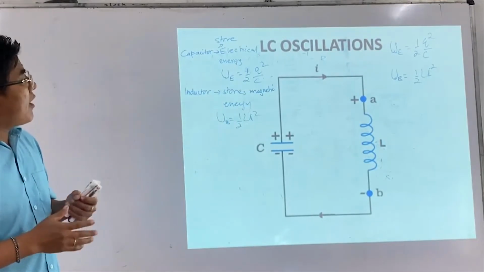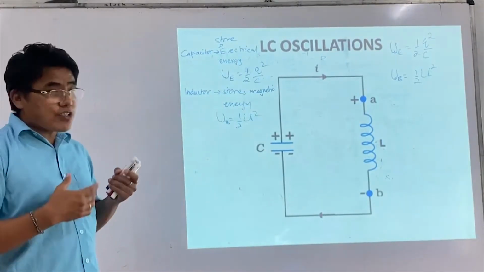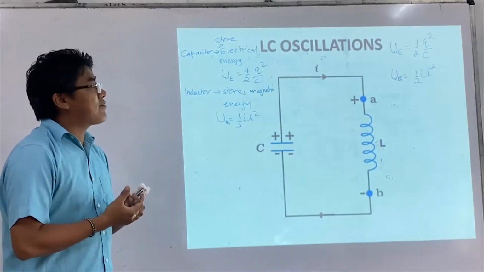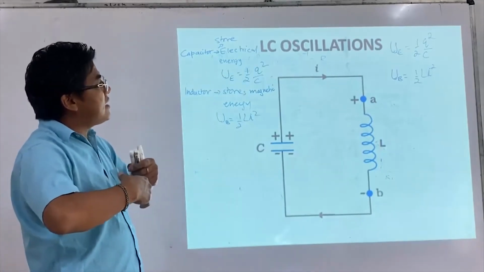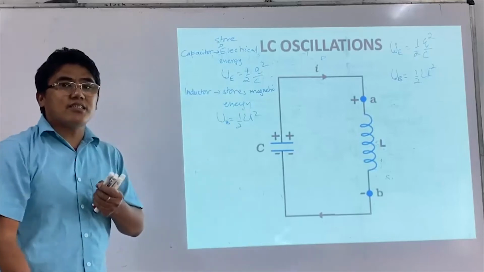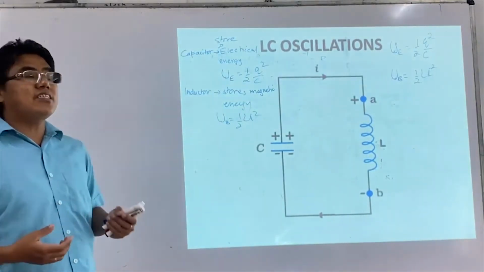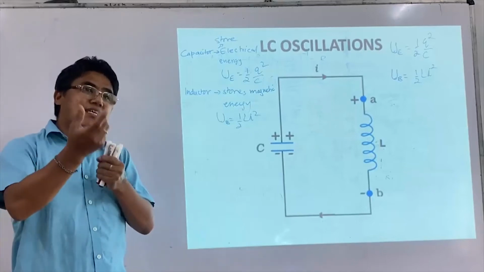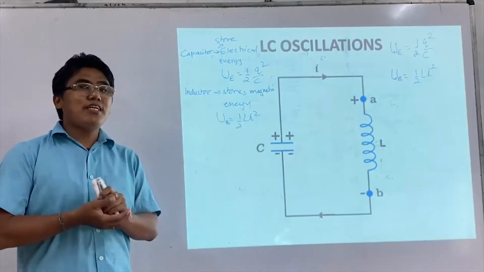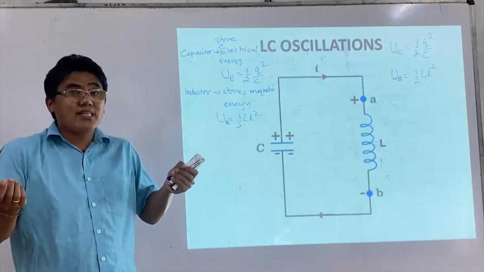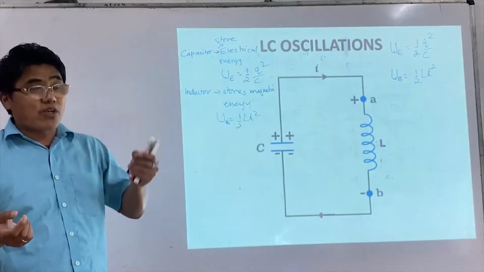Now this is how oscillation takes place. Oscillation means the electrical energy stored by the capacitor is sometimes transformed to magnetic energy. So there is a transfer of energy taking place between the capacitor and the inductor. As in mechanics, we talk about pendulums, with kinetic energy and potential energy.